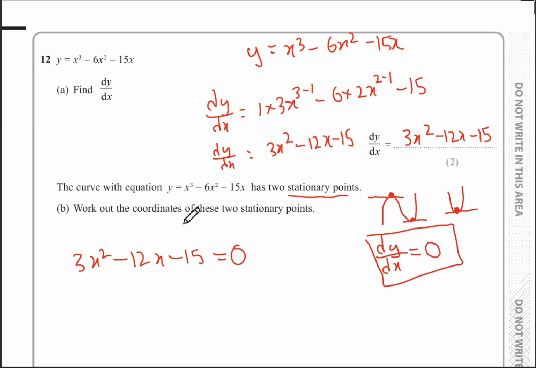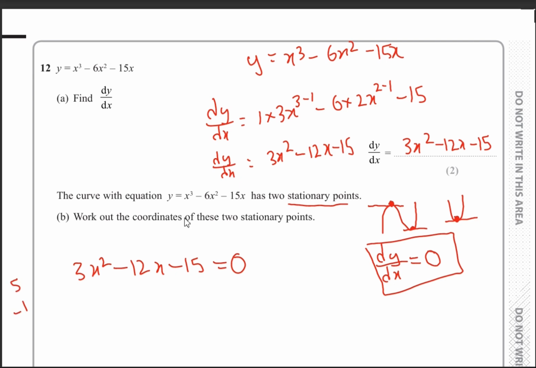This gives me answers of 5 and minus 1. So what are my factors? 5 means I put x minus 5, the opposite sign, and minus 1 means I put plus 1. So what are my answers? x equals 5 and x equals minus 1.